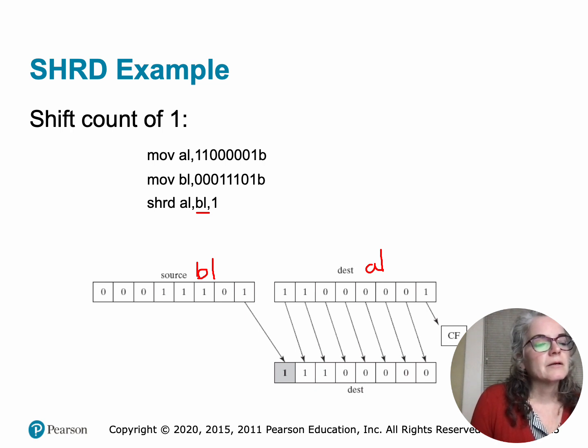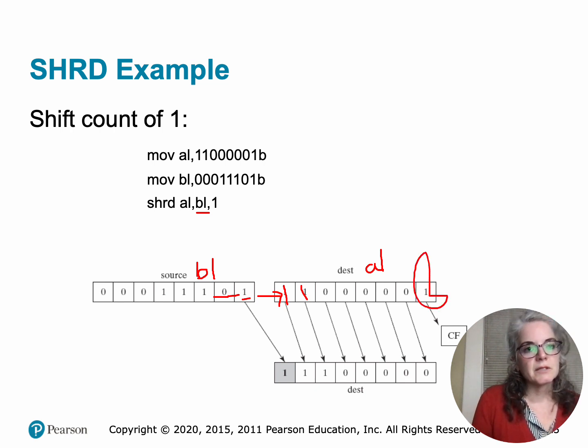And then whatever gets shifted out of the destination gets filled up by the source. So if you shift to the right 1, you take 1 from here. If you shift to the right 2, you take 2 from here and move them into the destination. And then the carry flag will be the very first thing that gets shifted out of the destination.